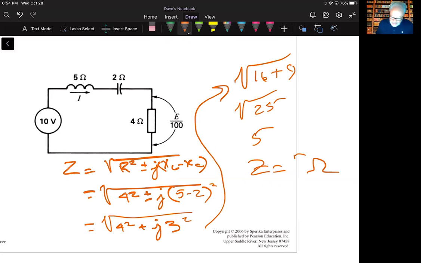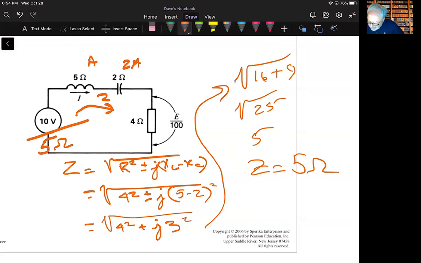So if I have 5 ohms and I have 10 volts, 10 volts divided by 5 ohms is going to give me 2 amps. That's 2 amps here, and 2 amps here, and 2 amps here, so it follows through the whole thing.